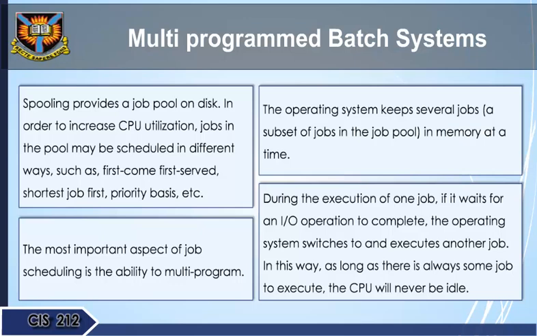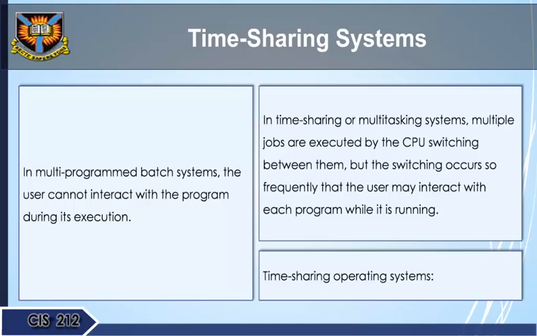The operating system keeps several jobs, a subset of jobs, in the job pool in memory at a time. During the execution of one job, if it waits for an I/O operation to complete, the operating system switches to and executes another job. In this way, as long as there is always some job to execute, the CPU will never be idle.